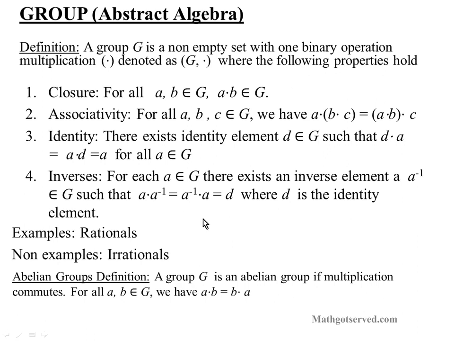If a group satisfies the commutative property, then that group has a special name. It's an abelian group. Okay, so a group G is an abelian group if multiplication commutes. So basically the order of multiplication does not matter. That automatically makes your group an abelian group.